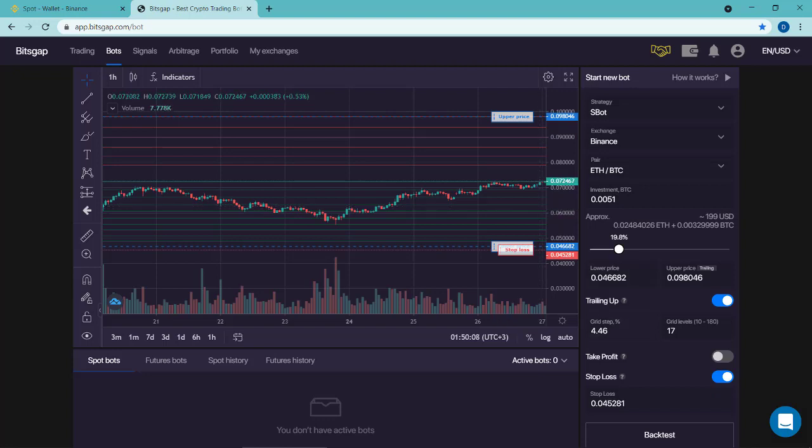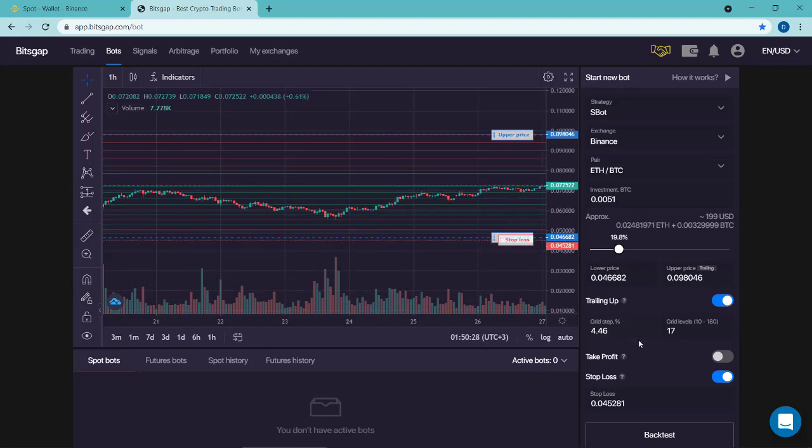So each grid line is 4.46%. Right, and because we've got this grid range with such a large percentage in between each line, it comes out that there's only 17 grid levels. Right, so we're accepting here the default values for the price that I'm choosing to invest.